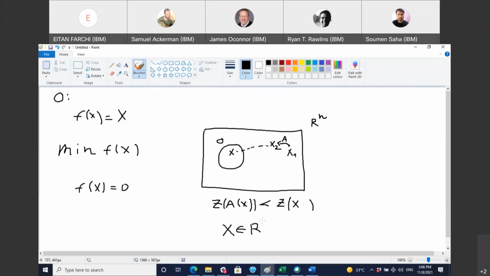So if I'm outside the set I want to get to, then z is going to become smaller.